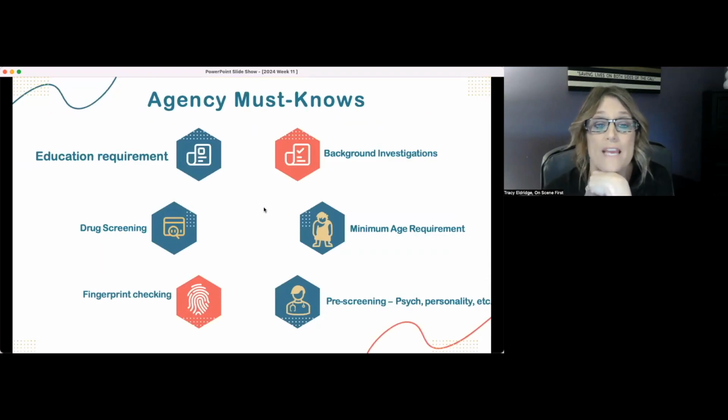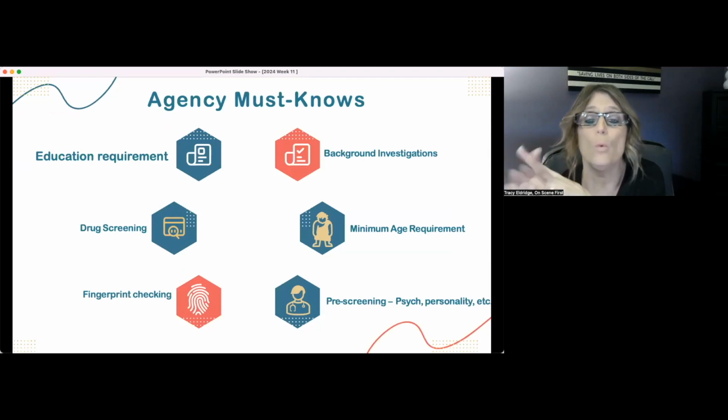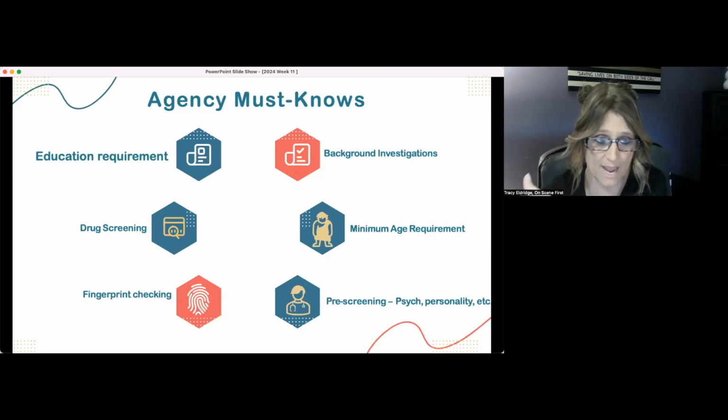Some of the things that the agency must know is, do we have an education requirement before the job is posted? Will they be subject to a background investigation? Will there be drug screening provided? Is there a minimum age requirement? Which, yes, there can be a minimum age requirement, but we cannot discriminate based on age.